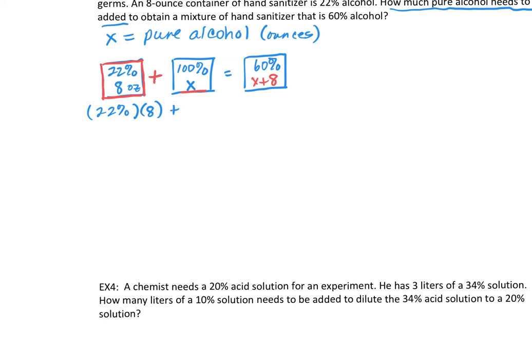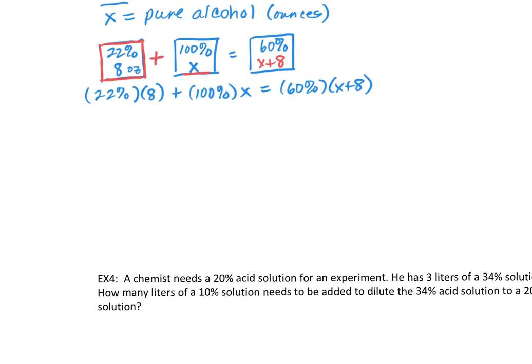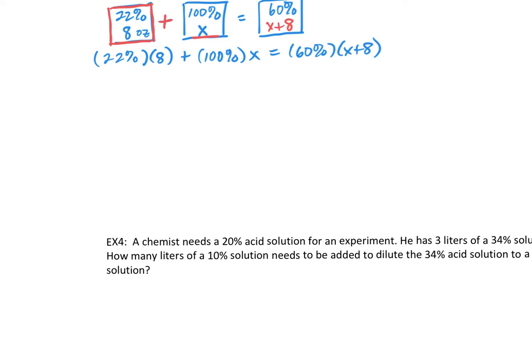I'm going to add it to 100% of X would be 100% times X. That should equal 60% of my X plus 8 ounces. So 60% times X plus 8. I can't solve this equation when it's still written as a percent, so I have to change all my percents to decimals.